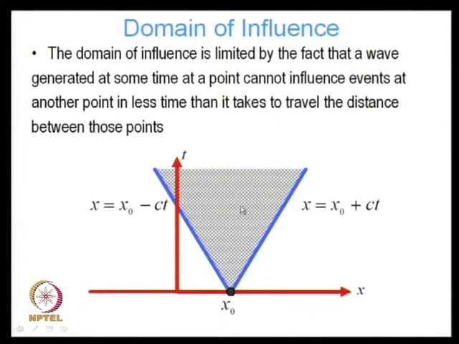So, this is the domain of influence, and it is limited by the fact that a wave generated at some time at a point cannot influence events at another point in less time than it takes to travel the distance between those points. So, that is my domain of dependence. I have a point in x t, not on the t is equal to 0 axis, at some point in the course of the solution, and I am interested in what part of the space time domain can influence my solution there.